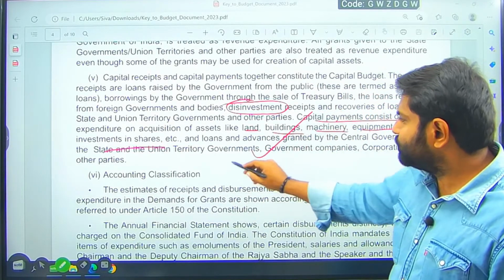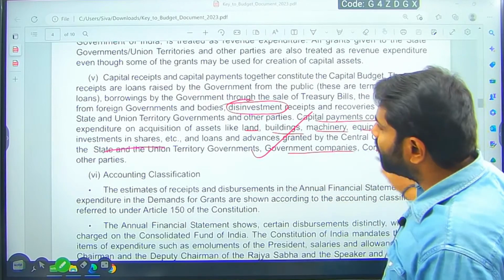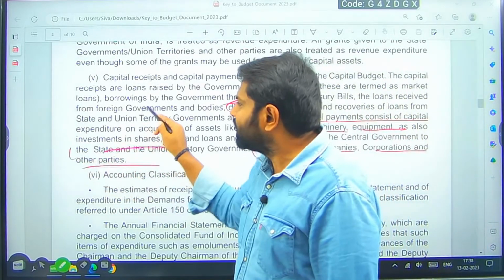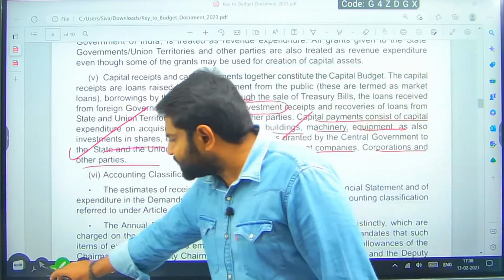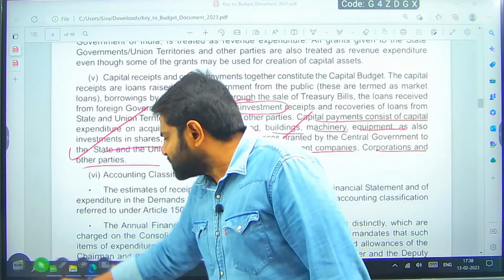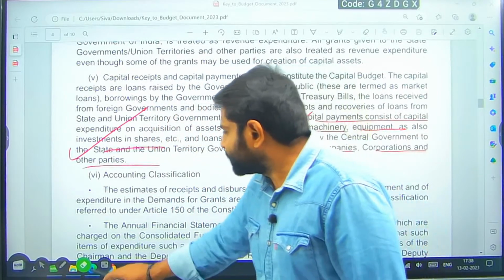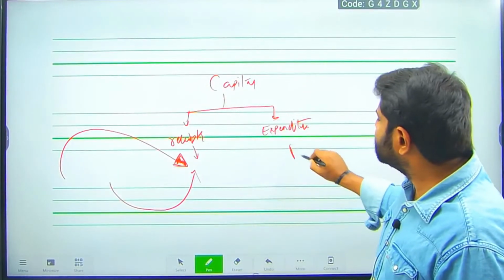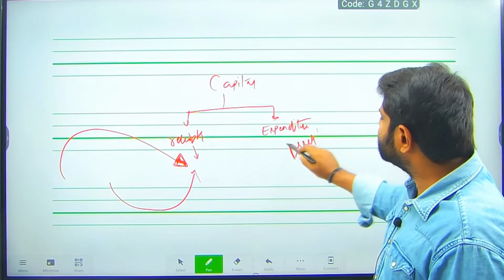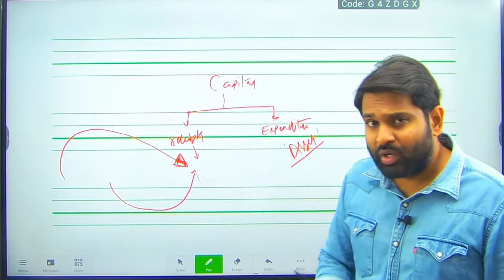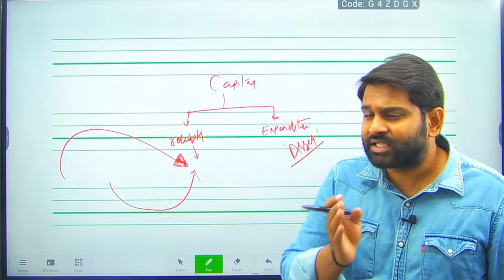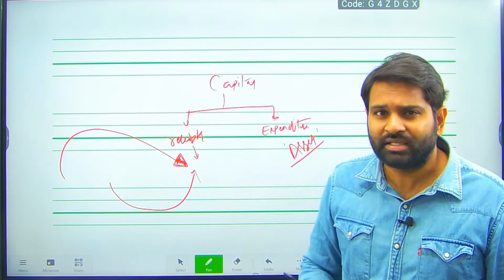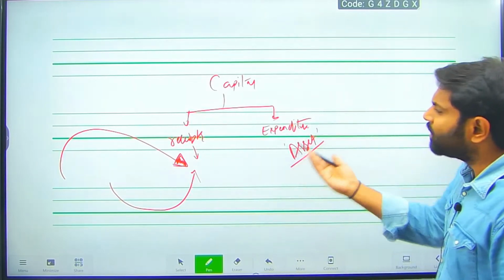So government companies, government corporations and other parties, all together it will become capital expenditure. Any money which is creating an asset becomes part of capital expenditure. The difference between revenue expenditure and capital expenditure is that this will create assets, whereas revenue expenditure will not create assets, right?